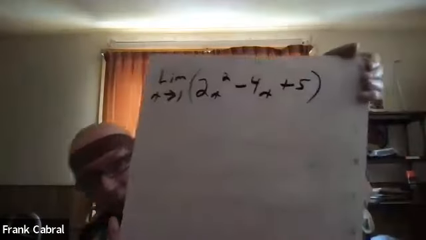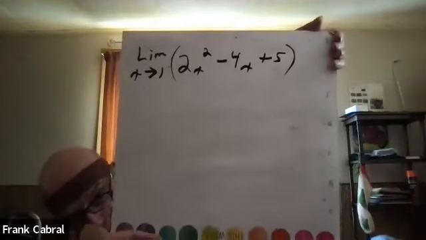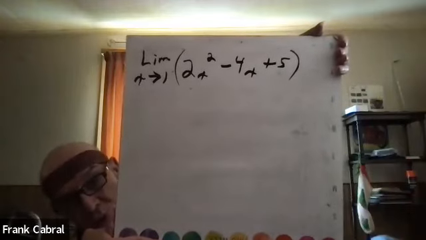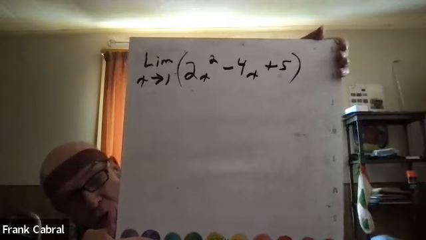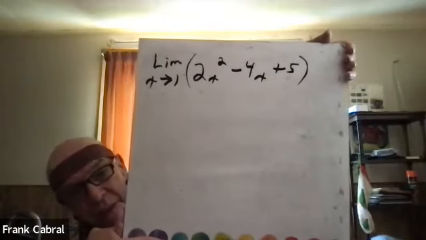So let's take a look at this limit here. Okay, a nice friendly polynomial function that we're using for a limit here. Now, you could just use direct substitution, but my point here is from chapter 2.3 to demonstrate to you what the limit laws are.